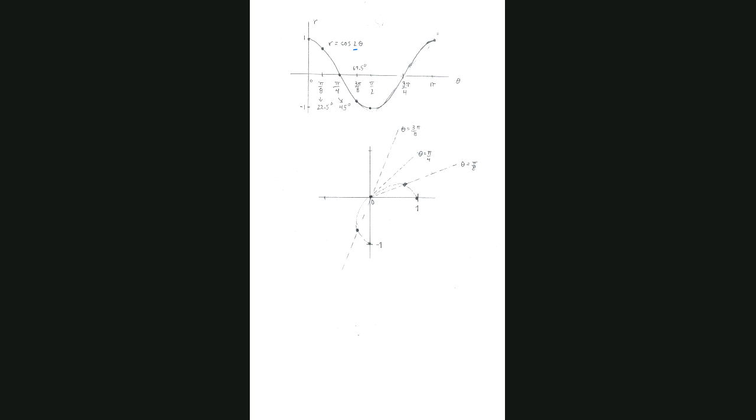I've divided the interval from 0 to pi in half, so the halfway point is pi over 2. Between 0 and pi over 2, the halfway point is pi over 4, and between pi over 2 and pi, the halfway point is 3 pi over 4.